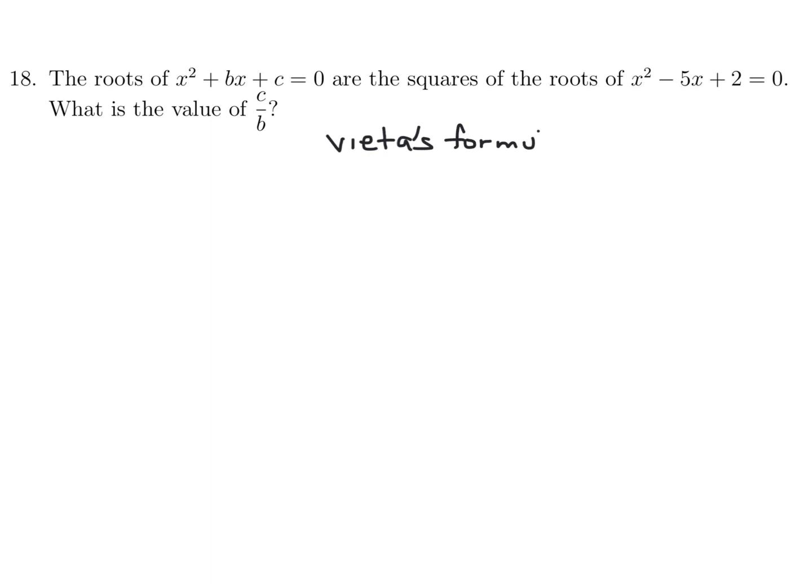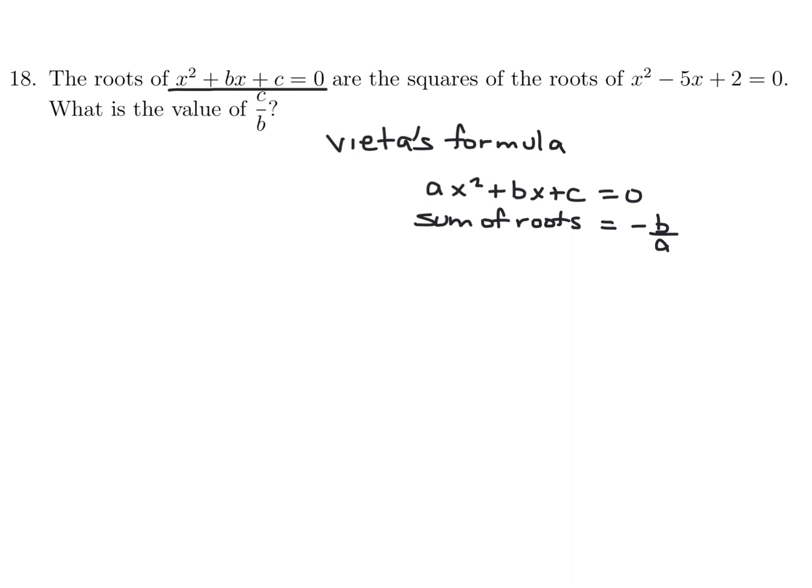And Vieta's formula states that if you have ax squared plus bx plus c, then the sum of the roots, according to Vieta's, is equal to minus b over a, and the product of the roots is c over a.